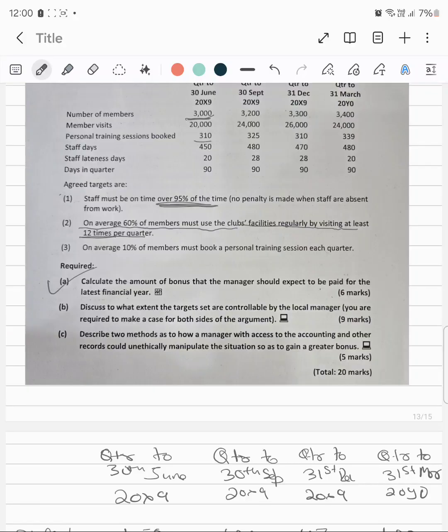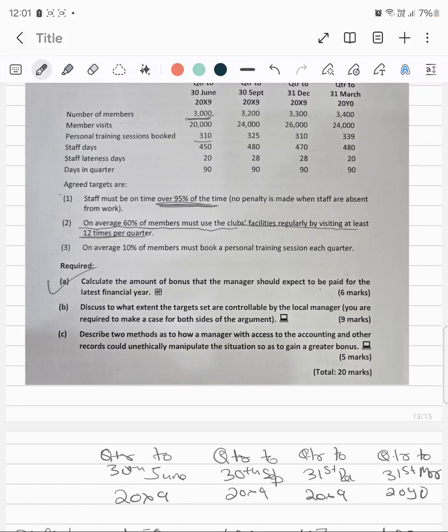On the other hand, customers are influenced by many factors outside of the club, and their state of health or their own work pressures can prevent members from coming to the club. Overall, the local manager can only partly control the number of member visits.